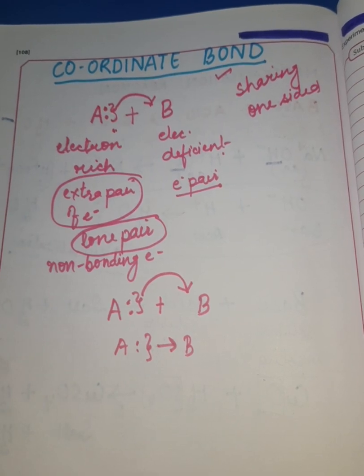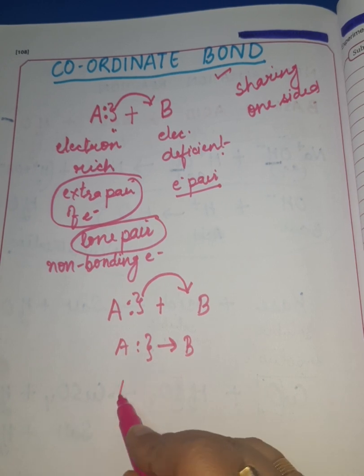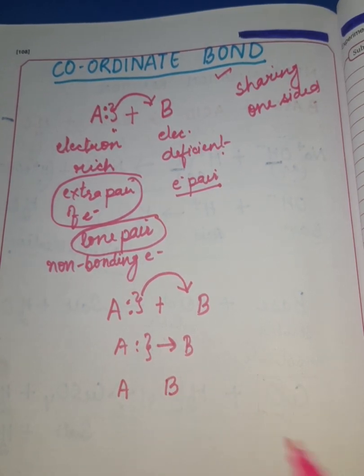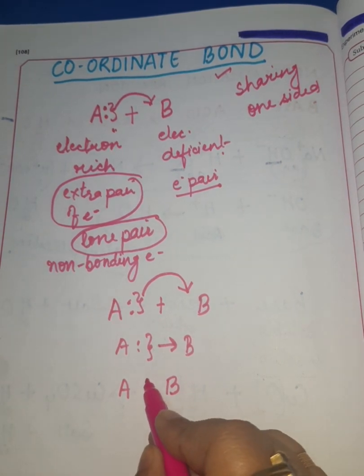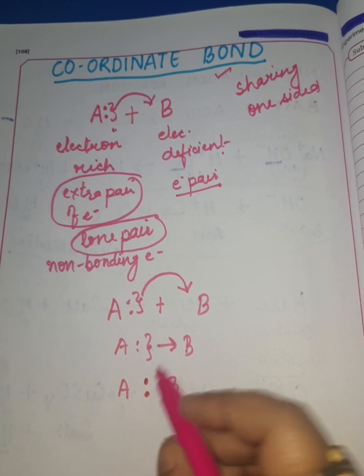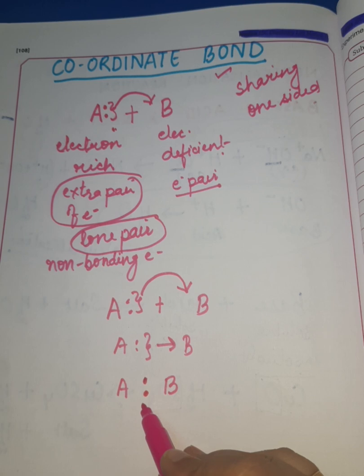There is an important point to remember. When the electrons are being shared, as we have studied in the electron dot structures of covalent molecules, the shared pair of electrons after being shared comes at the center. Similarly, in this coordinate bond, the shared pair comes at the center.